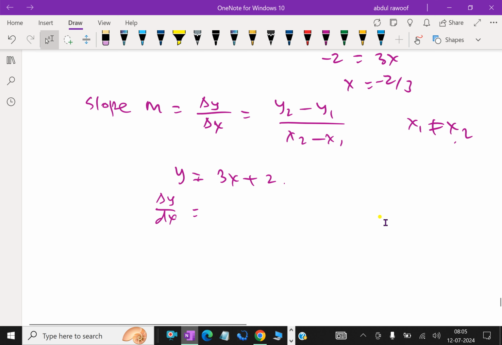The derivative of 3x plus 2 is 3. Therefore, the slope is 3. Suppose the graph is given, you can use two points, x1, y1 and x2, y2, then apply this formula, and I can get it.